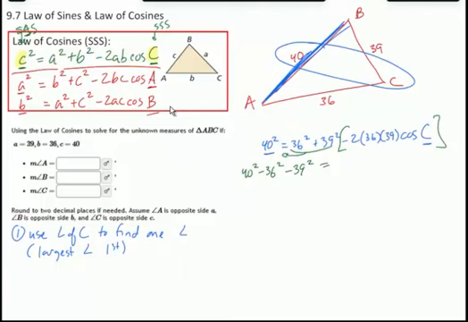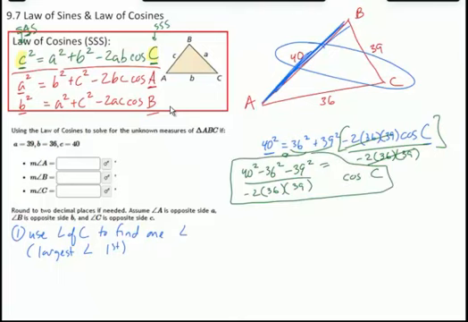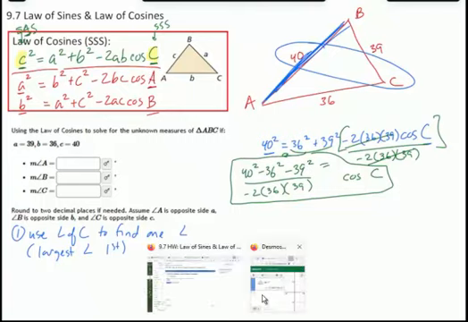And to isolate my variable, I'm now going to divide everything by all three of these factors. And again, notice I'm leaving them as factors. So negative 2, 36, and 39. So all of this cancels, and that leaves my cosine C. By rewriting it in that form before I start calculating it, I get a chance to see how this calculation is going to look.